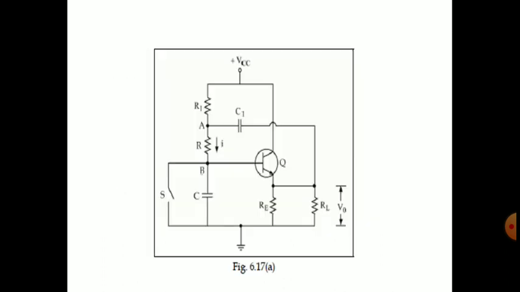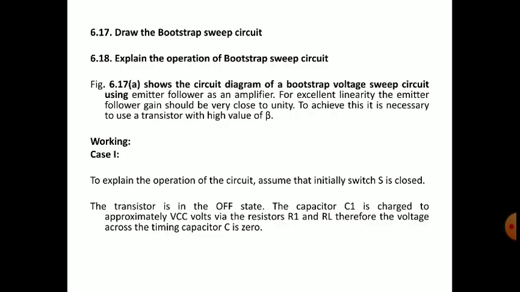See, it is not common emitter, because we are taking the output across the emitter resistor and emitter terminal, and we have made the collector common to the input and output. So it is a CC configuration, common collector configuration, and it is also called an emitter follower.